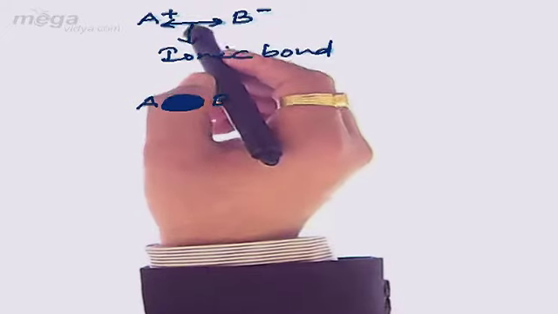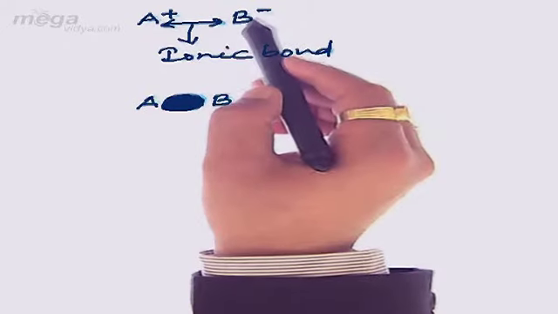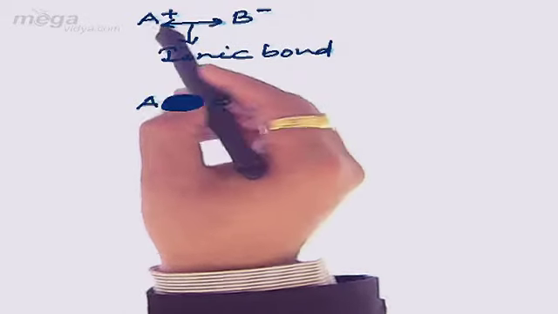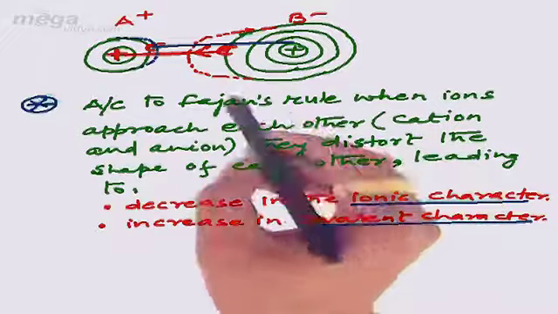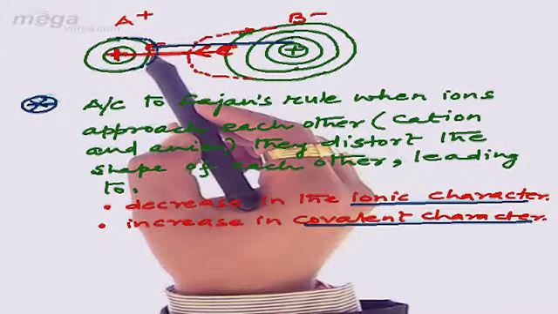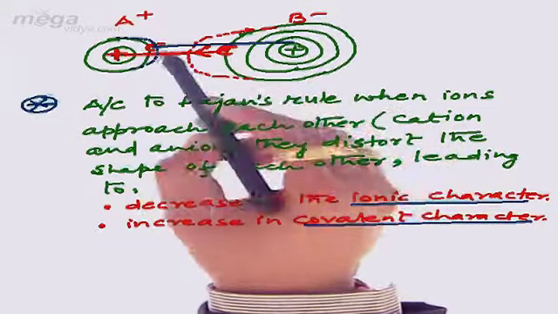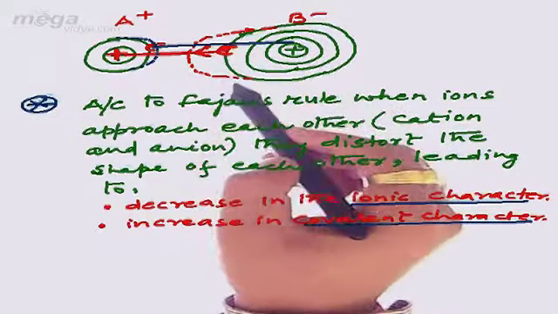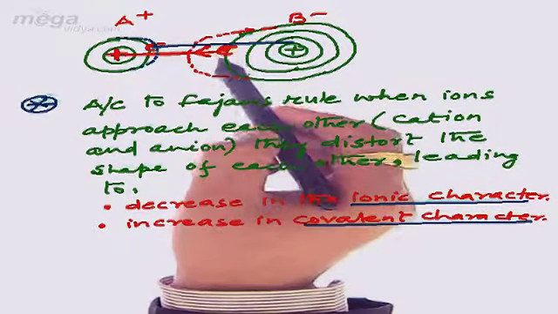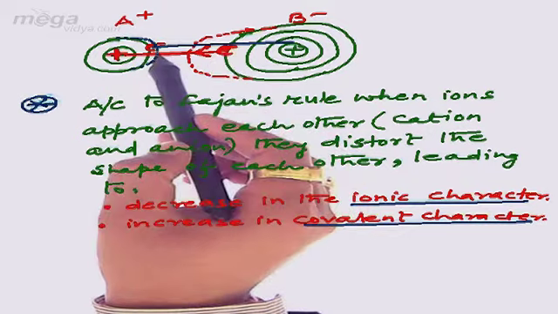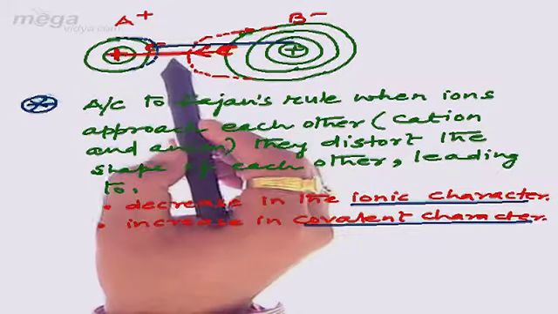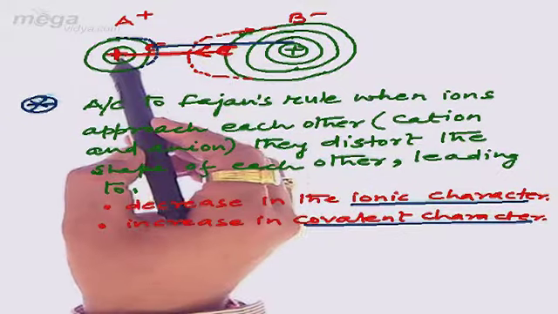Whereas the electron cloud between A positive and B negative is not equidistant from the nucleus of A positive and B negative. Now, during the approach between A positive and B negative, if A positive is polarizing or distorting the shape of B negative, that will lead the valence electron of B negative to move towards A positive, due to which the electron cloud will go on becoming equidistant from the nucleus of both A positive and B negative.